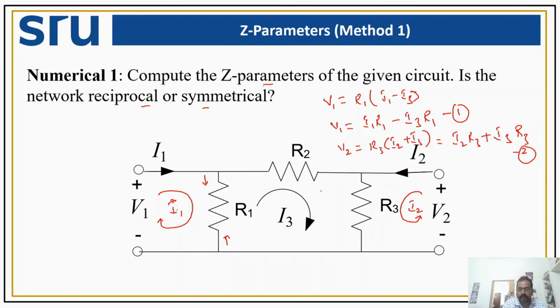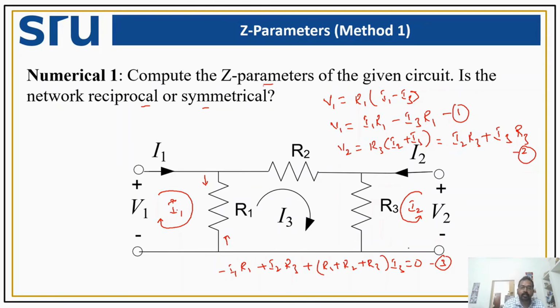We don't have any voltage rise, we have only voltage drops. So what can we write? It is minus I1 R1 plus I2 R3 plus (R1 plus R2 plus R3) into I3 equal to 0. This is our third equation.